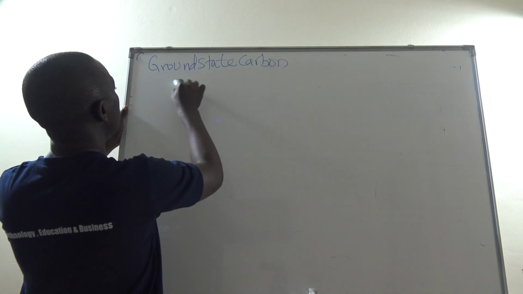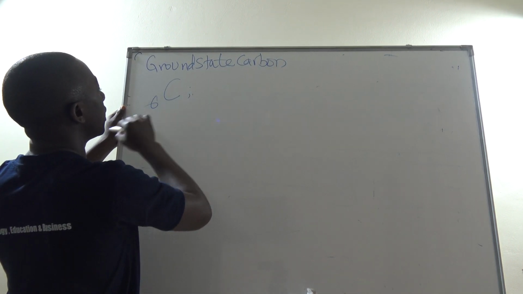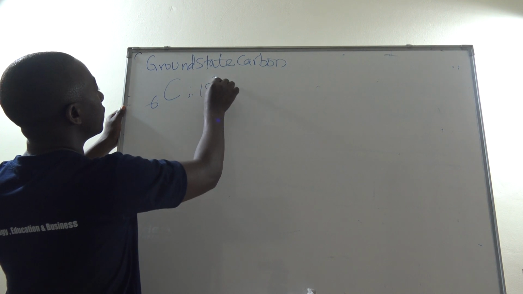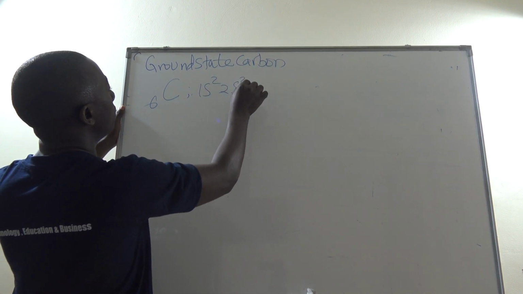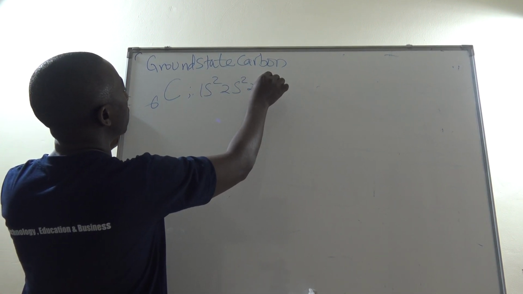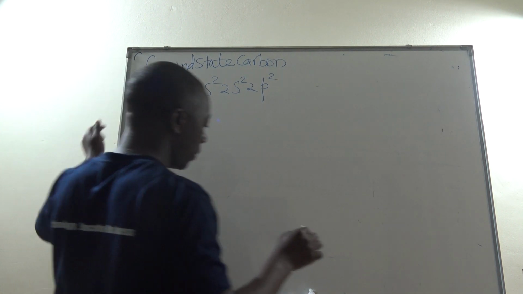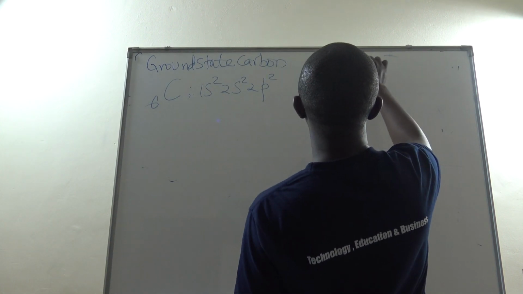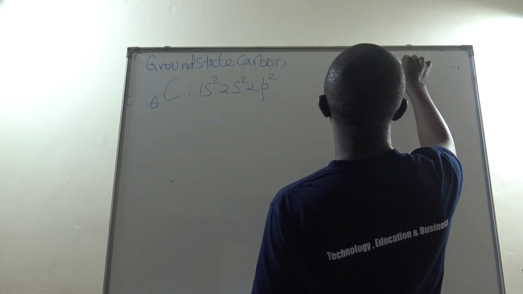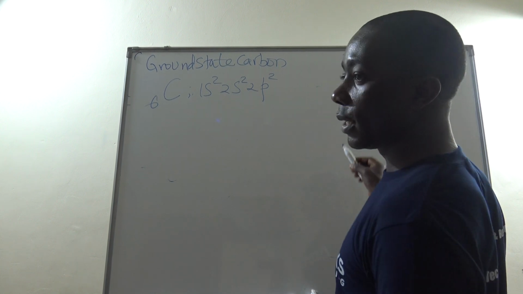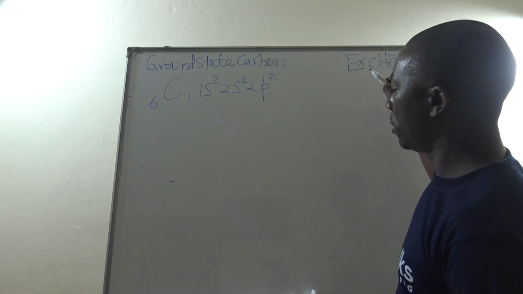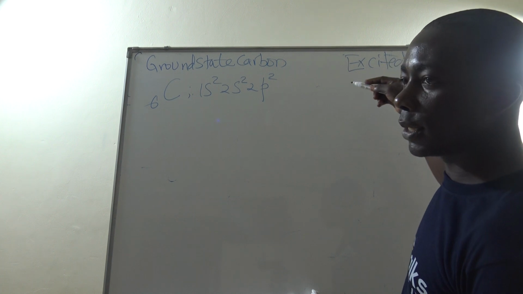At ground state, carbon has atomic number 6. It is 1s2, 2s2, 2p2. But when it goes to excited state, this excited state is achieved after carbon has absorbed enough energy to allow it to react. You can supply it with energy through heating it.